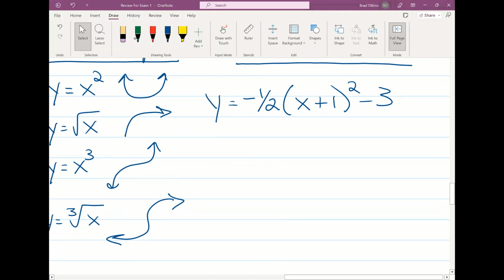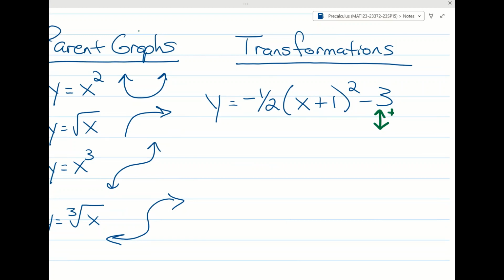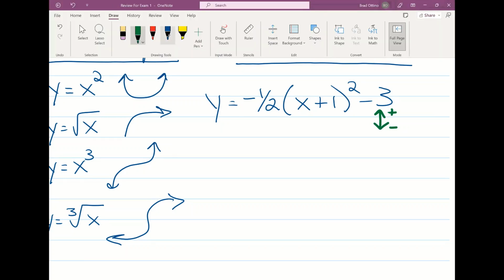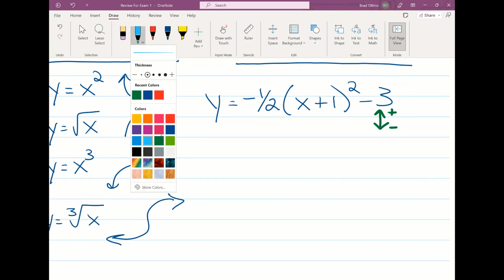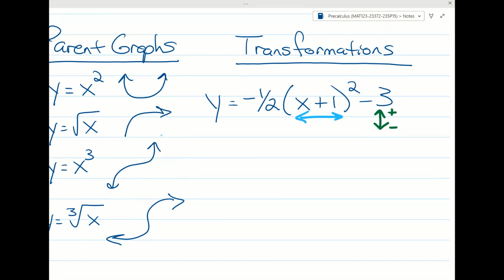So this 3 on the outside moves the graph either up or down, depending on if it's positive or negative. This particular graph says -3, so it's going to be moving down 3. The +1 on the inside moves the graph either left or right, depending on if it's positive or negative. This is +1, so this graph's going to go to the left.